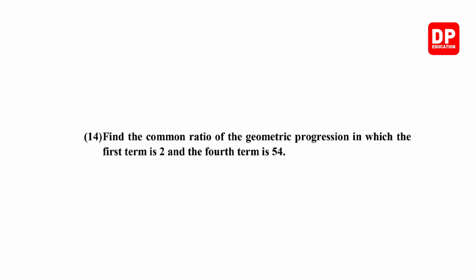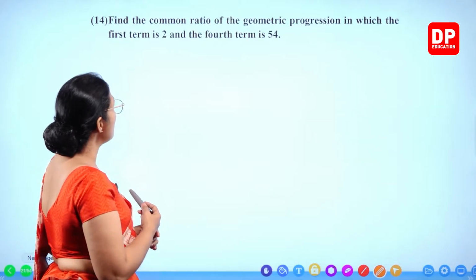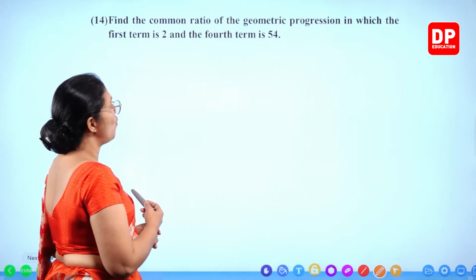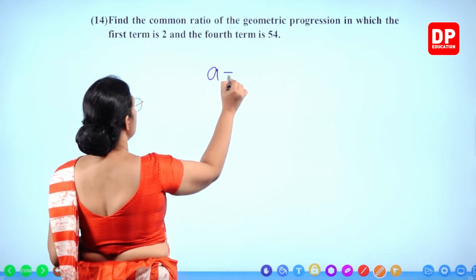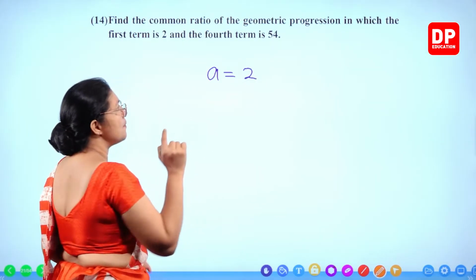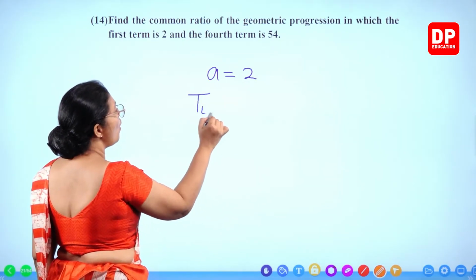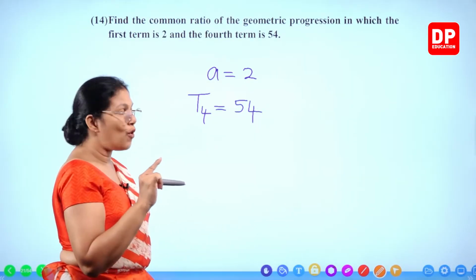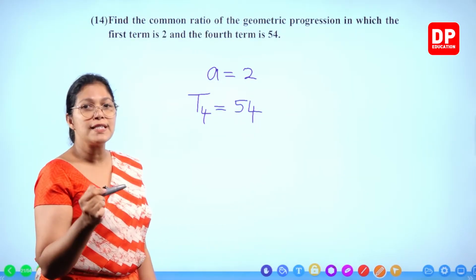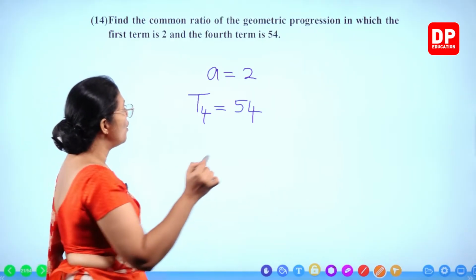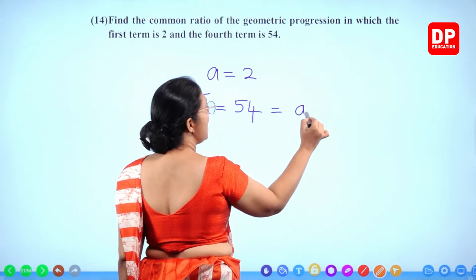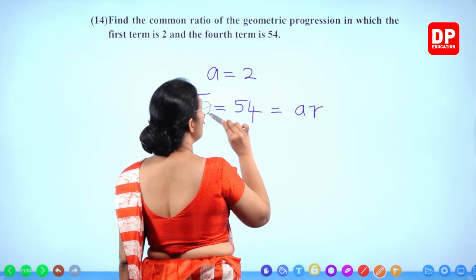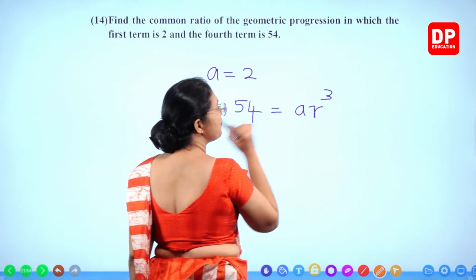Question number 14. Find the common ratio of the geometric progression in which the first term is 2 and the fourth term is 54. So, the first term is 2. The fourth term, that means T4, is equal to 54. How can you write down the fourth term in terms of the first term and the common ratio? You can write A R to the power 4 minus 1, that's 3.